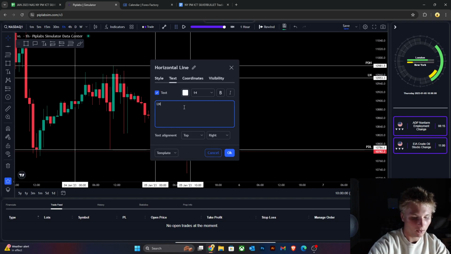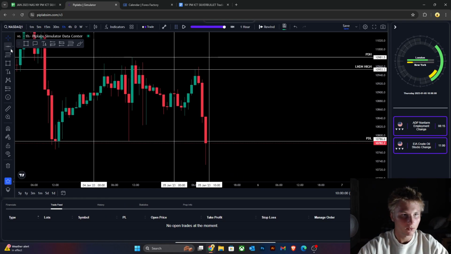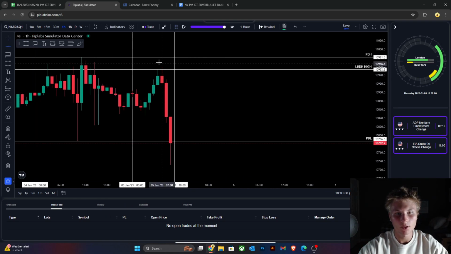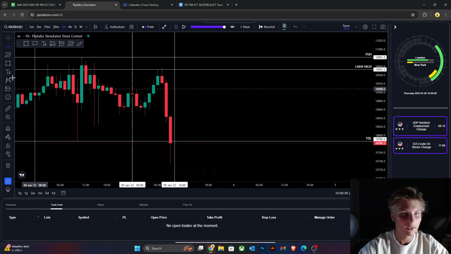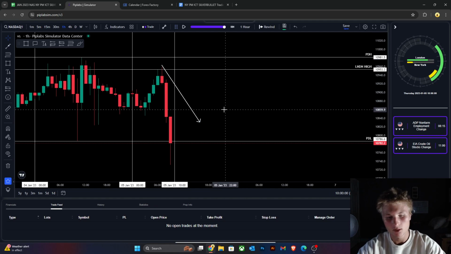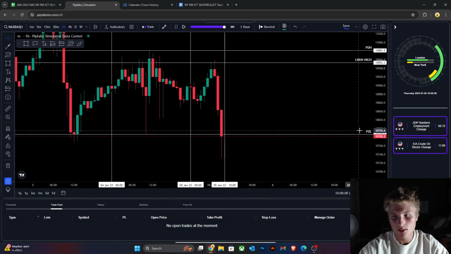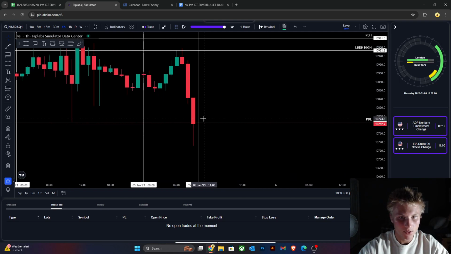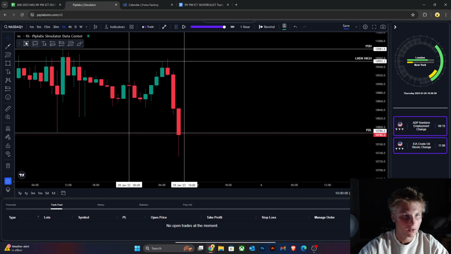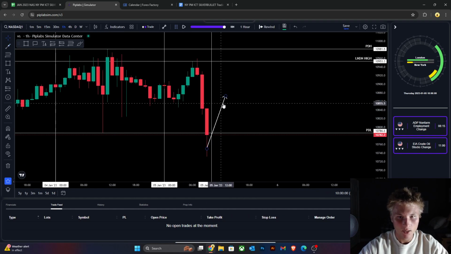But yeah, here we got London high here. Looks like London high was swept for liquidity, and boom, huge move down off of that right there. As you can see, this is why I like to use session highs and lows as well as previous days highs and lows. Like right here, previous day's low swept for liquidity, and boom, we're starting to get a reaction up right now.